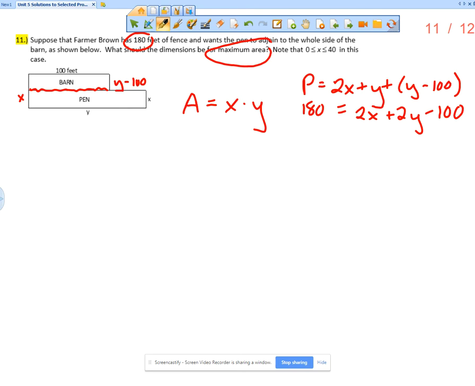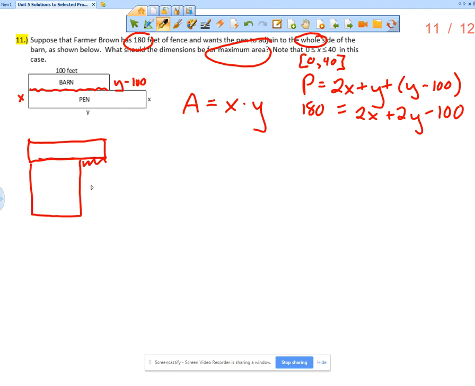Now, let me make one small note to you. The domain is 0 to 40. Why is that? Well, you're told that he wants the pen to adjoin to the whole side of the barn. So that means that if I have the barn here, I can't have a pen like this, right, that doesn't cover up the whole side of the barn.